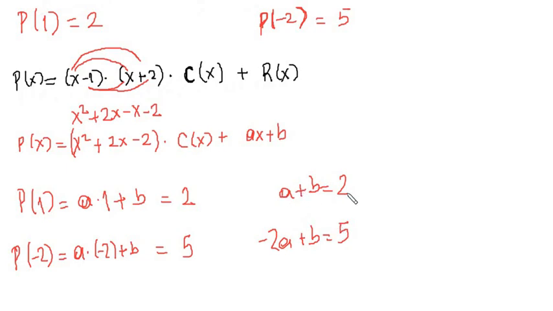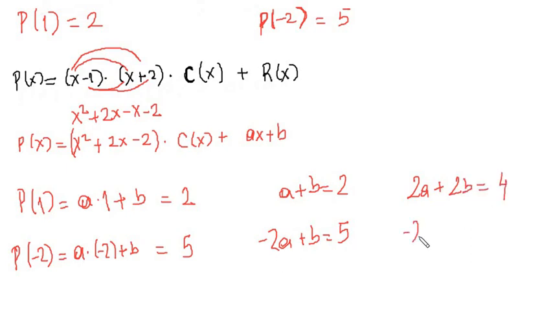So we have a system of equations here, simultaneous equations. How can we get a and b from here? Let's use the elimination method. If we multiply the first equation by 2, we are going to get 2a plus 2b is equal to 4.